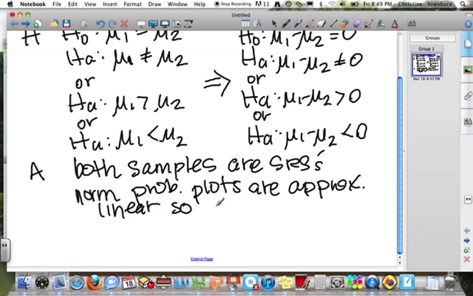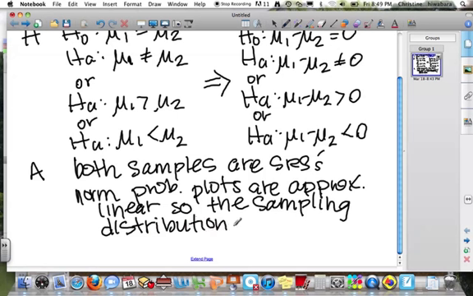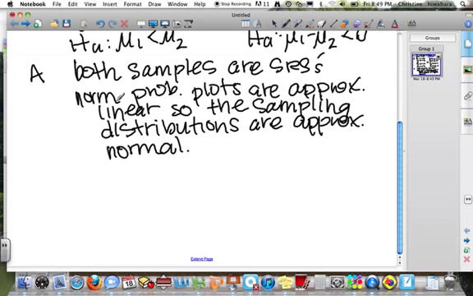So your sampling distributions are approximately normal. Now, if they don't give you data sets, you are going to have to say that you must assume that both sampling distributions are approximately normal. Okay? The next condition would have to be independence.